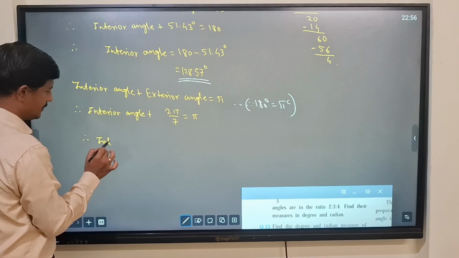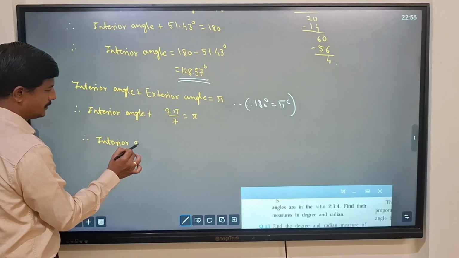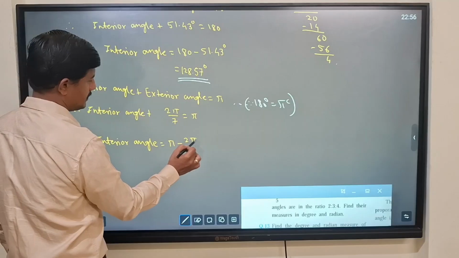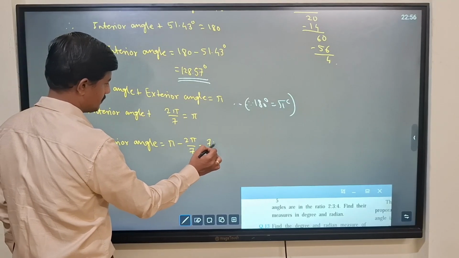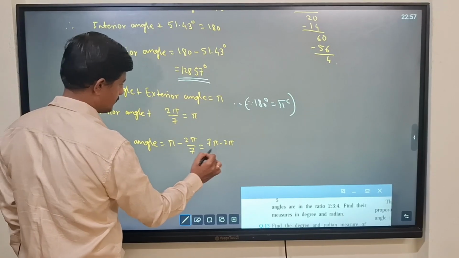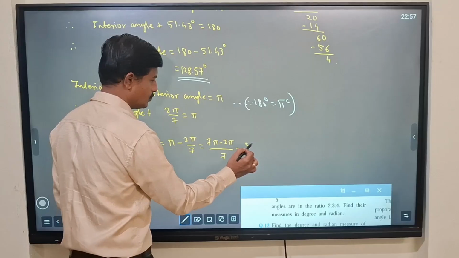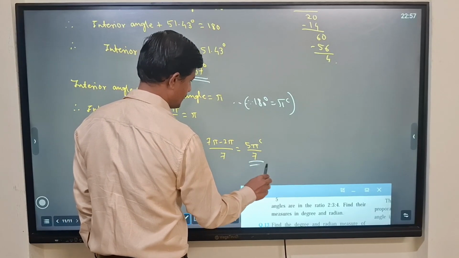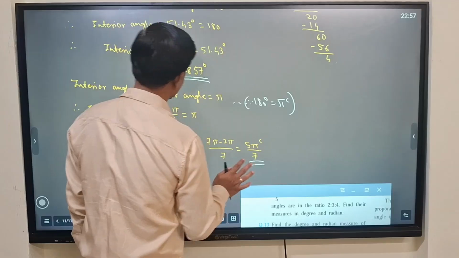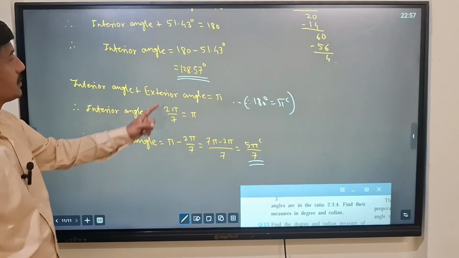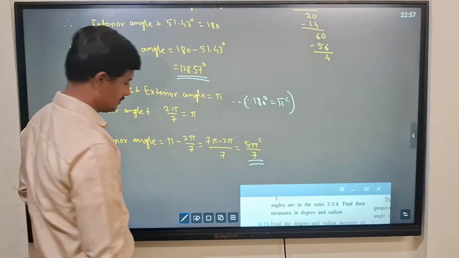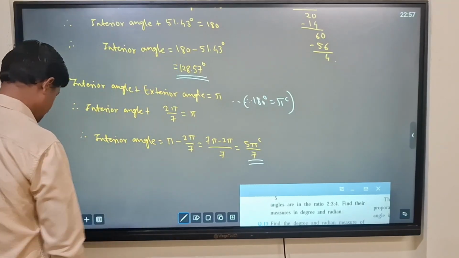Therefore, interior angle is equal to pi minus 2 pi by 7. This becomes 7 pi minus 2 pi by 7. This becomes 5 pi by 7 radian. I use this method because converting it into radian is quite difficult. This is the simplest way.